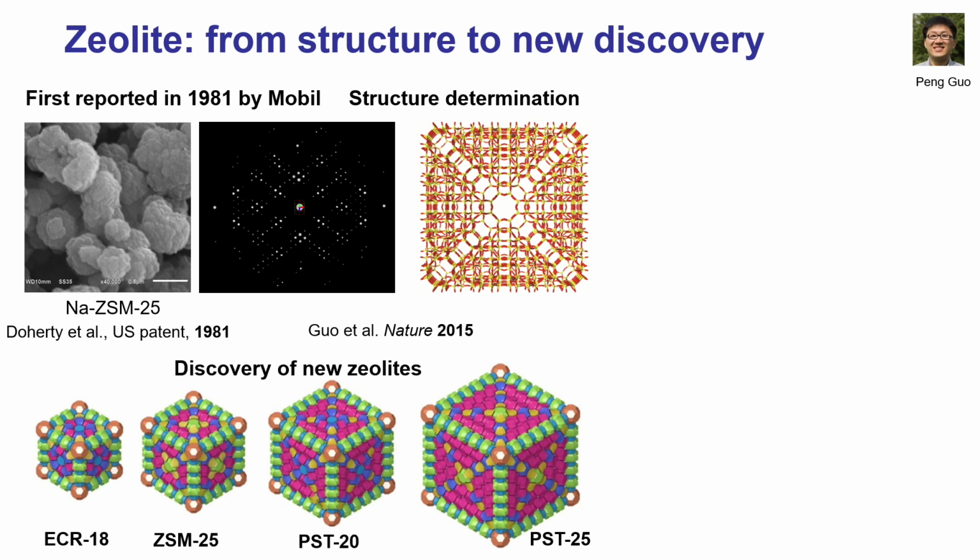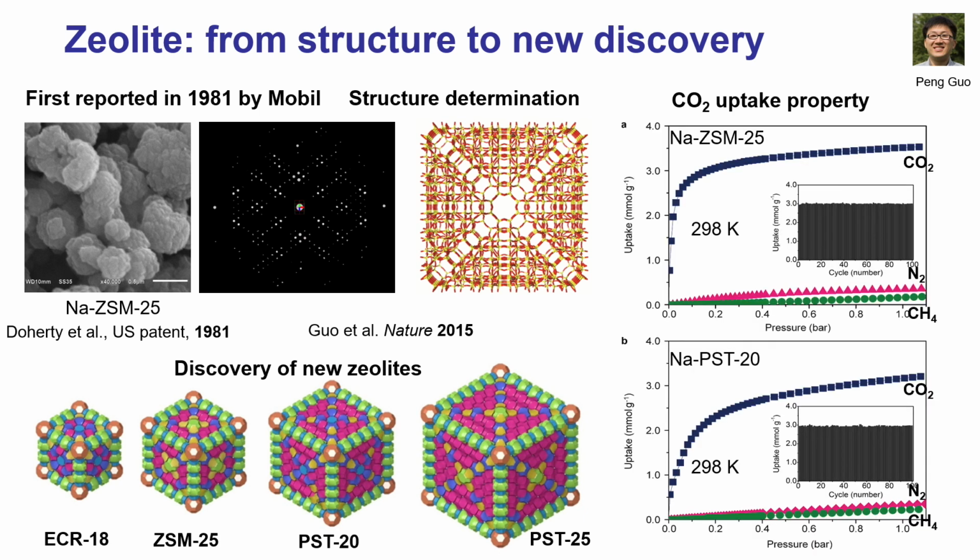All this series of structures contain 8-membered rings, which is perfect for CO2 separation. And this is what you see here, the different zeolites that can be used for CO2 separation.